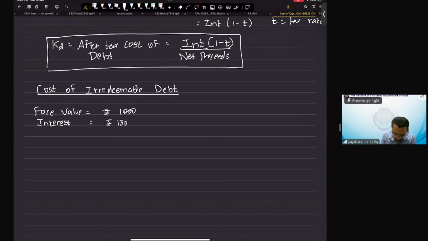Then this 1000 is issued at a premium of 5%. So face value of 1000, which is issued at a premium of 5%.